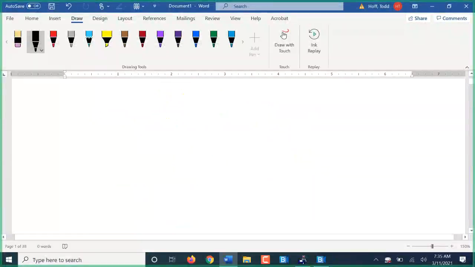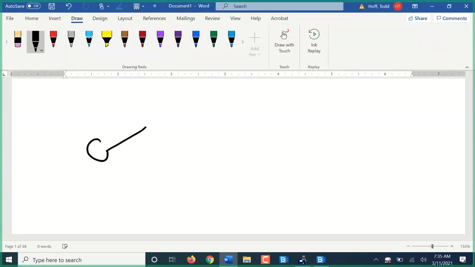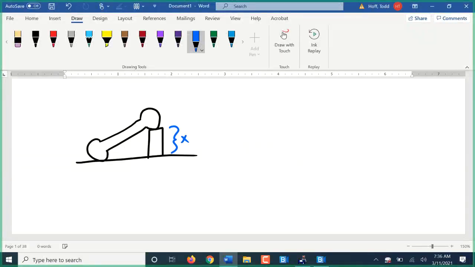Typically, when we're using a sine block or sine bar, we're working the other direction. We know that we need a certain angle, and we're trying to decide what gauge block buildup is needed. So I'm going to call that the height of those gauge blocks X to create a specific angle here.